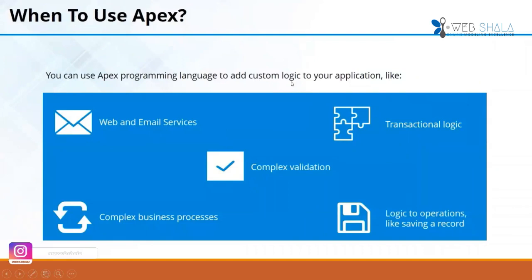Whenever we need to write business logic or custom logic, we write our Apex code, like web or email services, or transactional logic. Transactional logic means whenever we are inserting or deleting something from the database, we can write Apex code to insert, update, or delete any record.